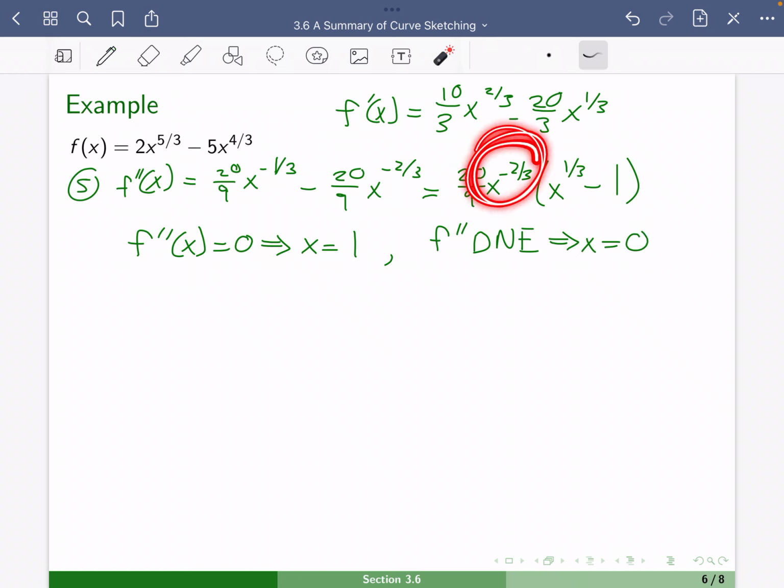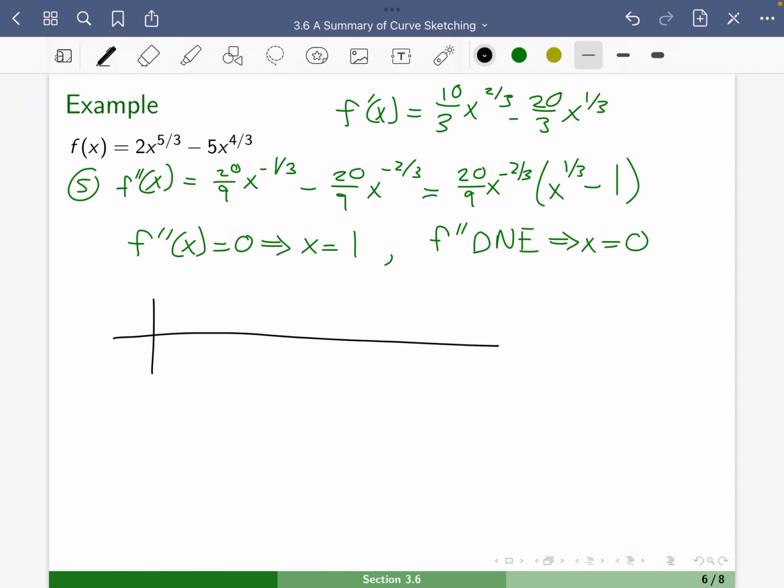Right, this is in a denominator because it has a negative power. So our sign chart for the second derivative, we're going to go from negative infinity up to 0, then from 0 to 1, and then from 1 to infinity.